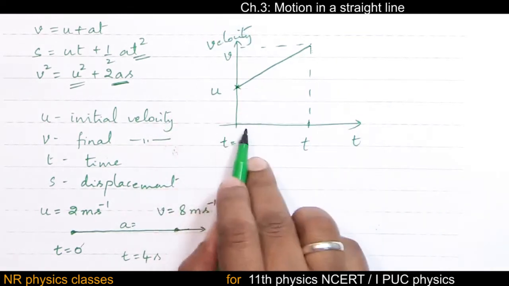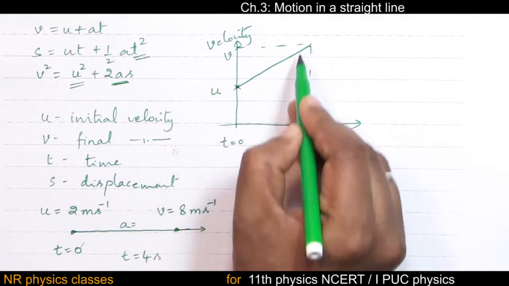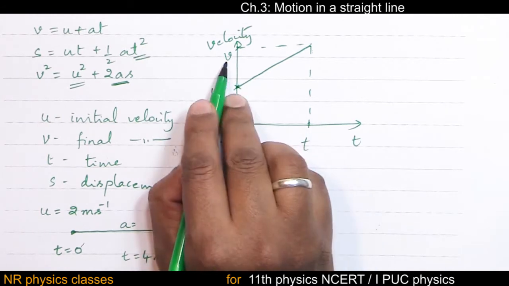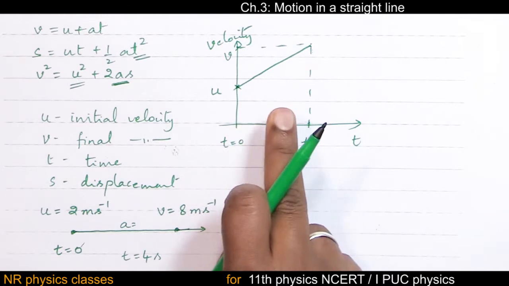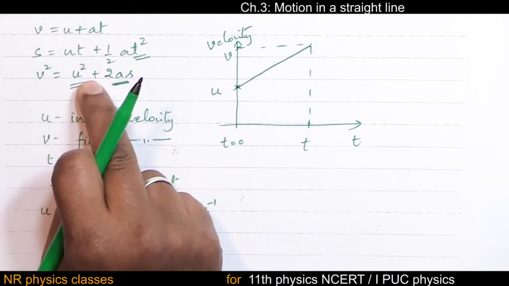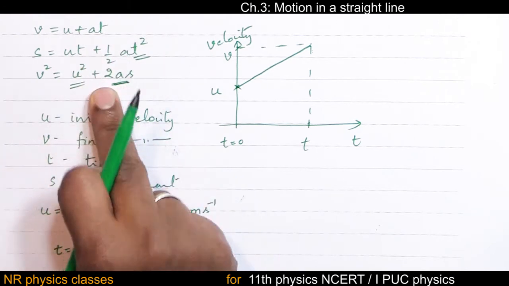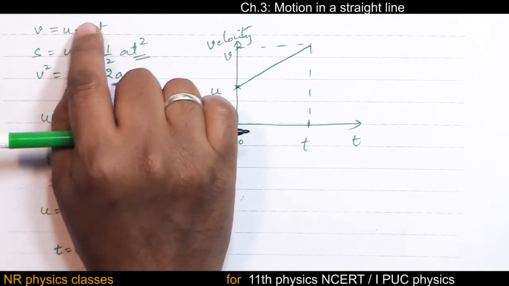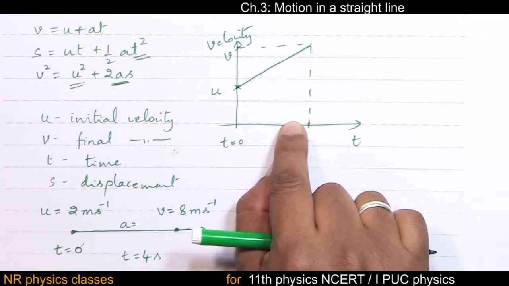This is velocity axis, time axis, and this velocity is v. So v is velocity at time t, also called instantaneous velocity. So using this diagram, we have to derive these three equations. We can derive these three equations using calculus method also, but in the initial stage, let us derive these three equations using velocity time graph.